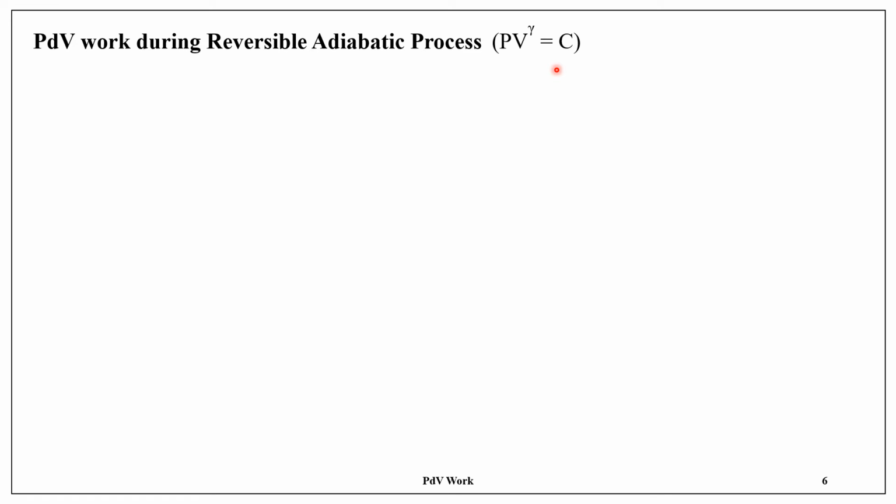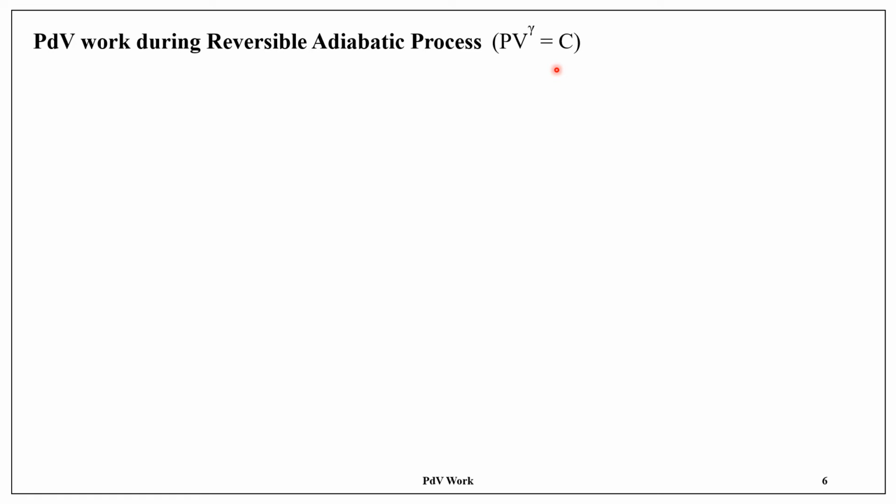It is very similar to the polytropic process relation PV power n equal to constant. The only difference is the index of compression or expansion. In a polytropic process, we used n. In a reversible adiabatic process, gamma.